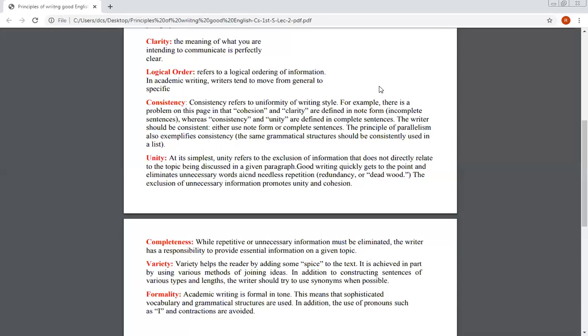So the information you put forward, the information you would like to share, the information you write down, it must be complete. Everything that is needed, everything which should be a part that makes your topic complete. So after reading your composition, the reader may never feel like there is something which is missing.